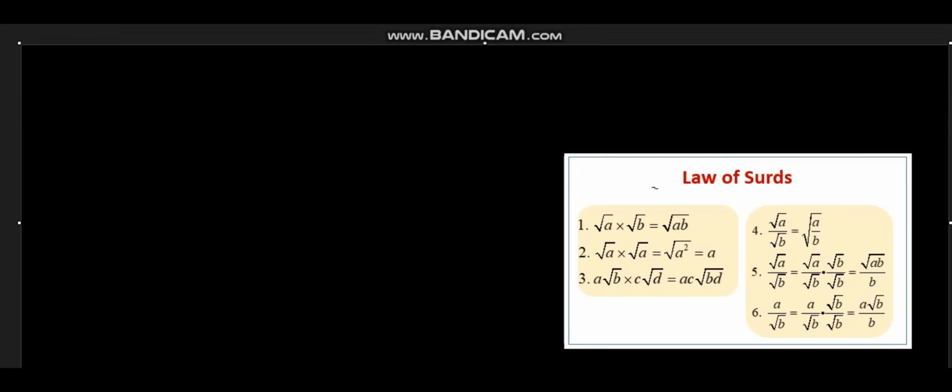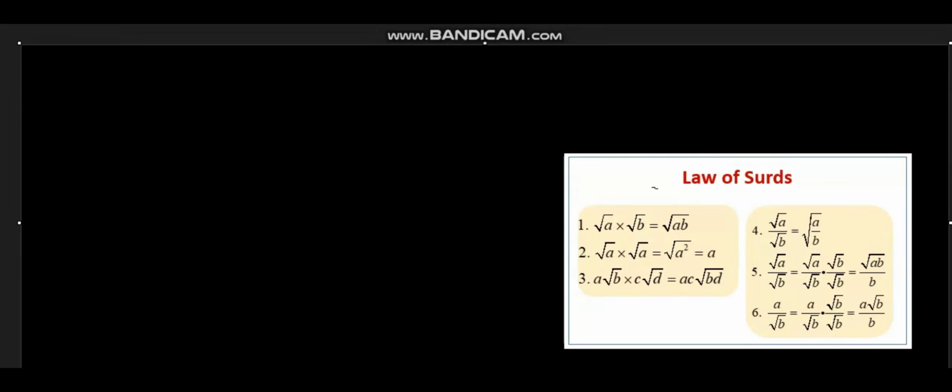So we have the first law, as seen in the diagram. Root A by root B is equal to root AB.